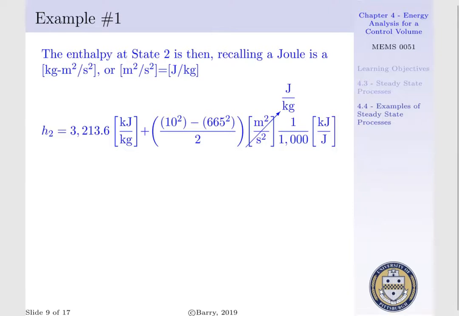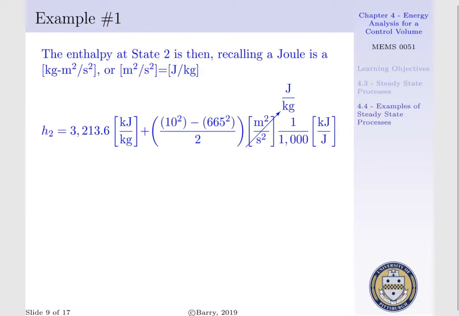So, we know state 1 exists at a pressure of 4,000 kPa and a temperature of 400 degrees centigrade. Thus, from our superheated steam tables, our enthalpy at state 1 is 3,213.6 kilojoules per kg. Our velocity at state 1 is 10 meters per second, and our velocity at state 2 is 665 meters per second.